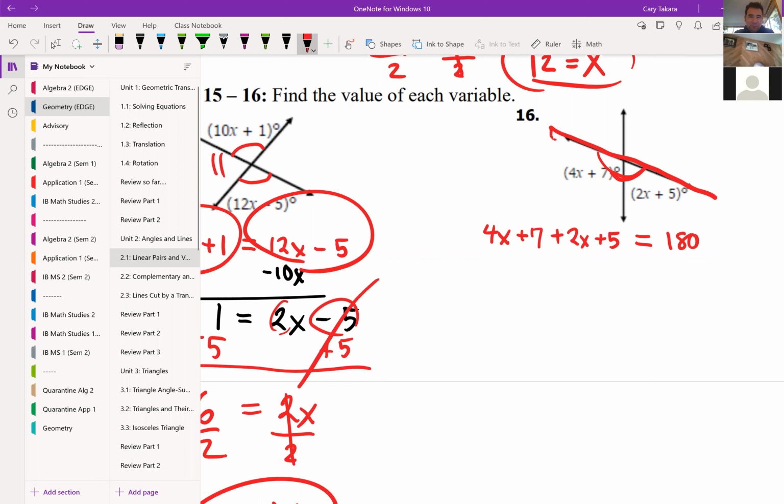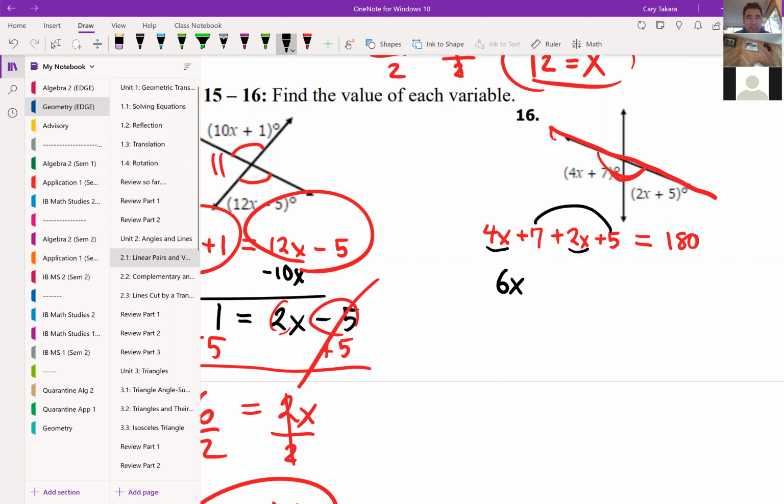Okay, so let's get started. Now 4x and 2x, they are on the same side of the equation, right? Left side. They all belong on the left side of the equal sign. So you can just simply add them together. 4x plus 2x is 6x. And then 7 and 5, they're also on the same team.